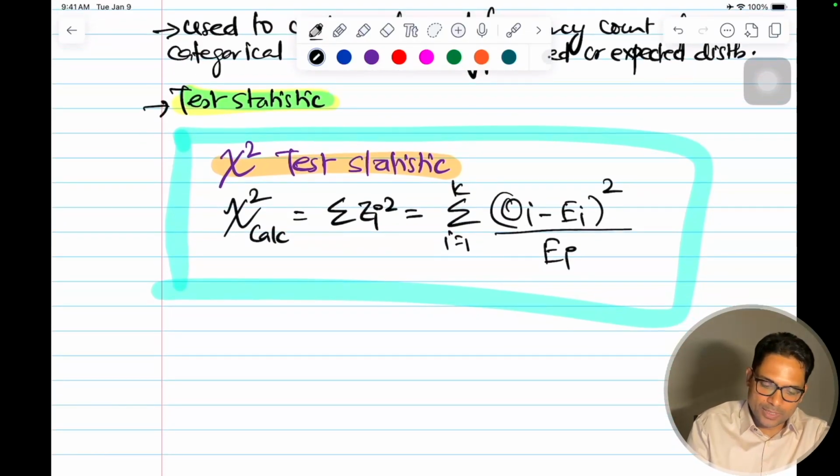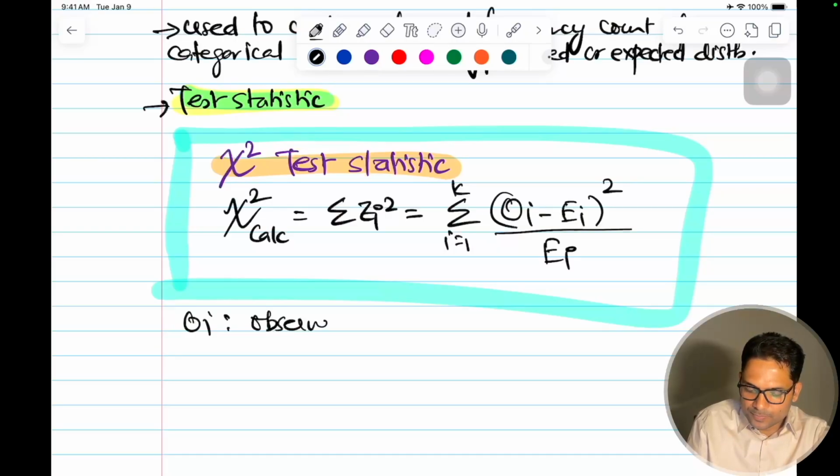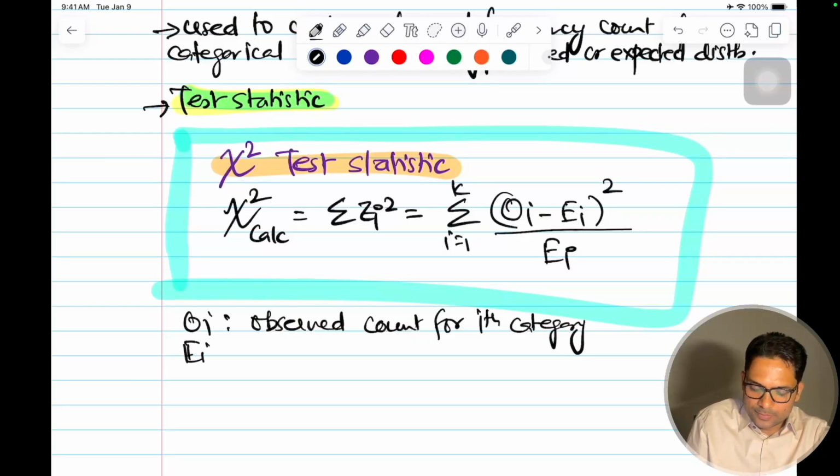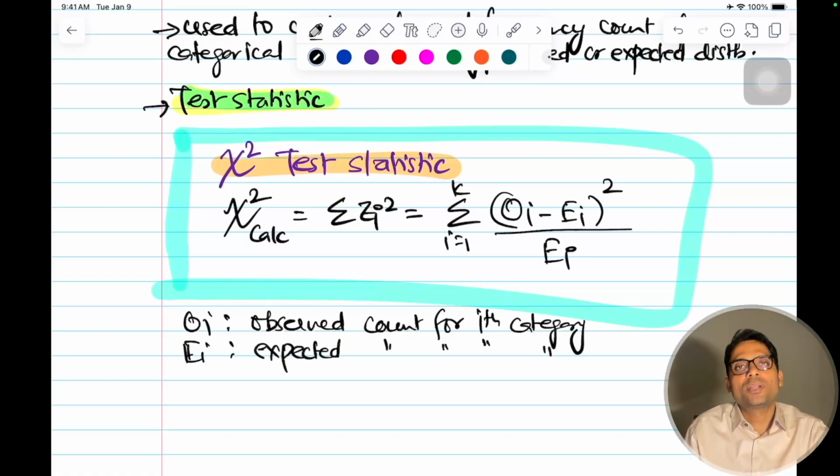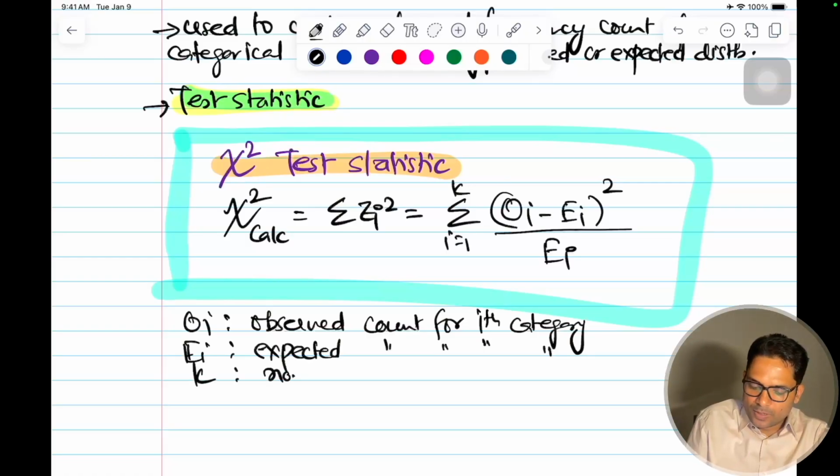I have already mentioned, but I'll write it formally for you. So O_i is the observed count for the ith category, and E_i is the expected count. We have i equal to 1 to k for k categories, where k is the number of categories.